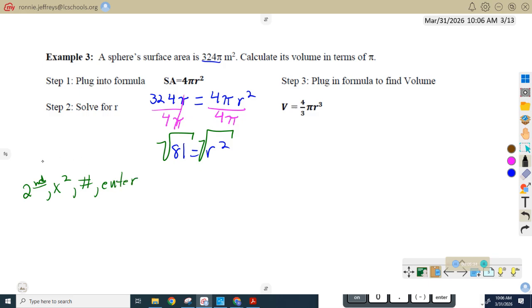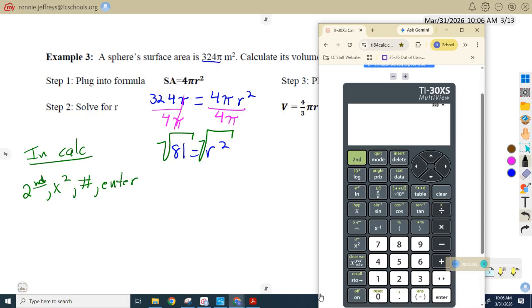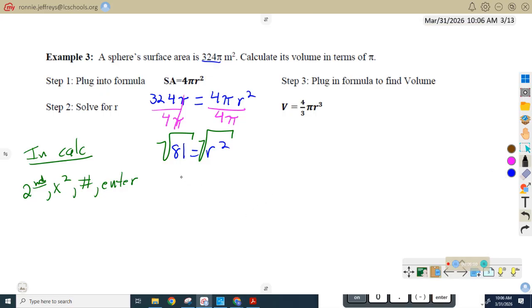This is in the calculator. That's how you do it. So you might want to write that down. So second x squared. Our number is 81. Enter. So we get 9 equals R.